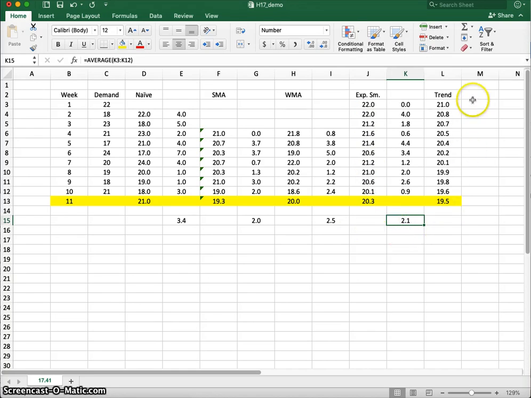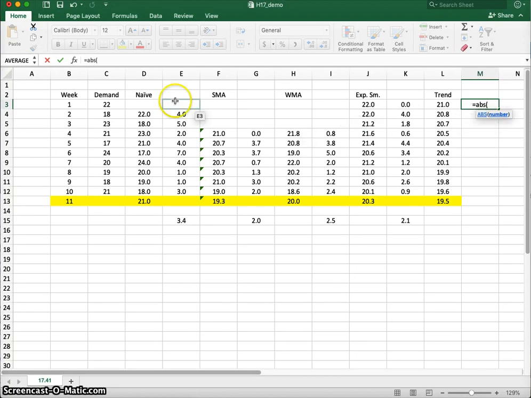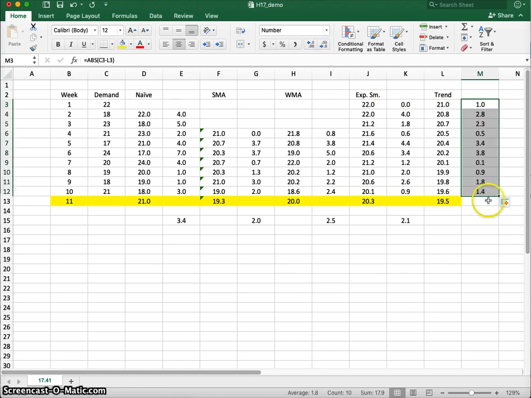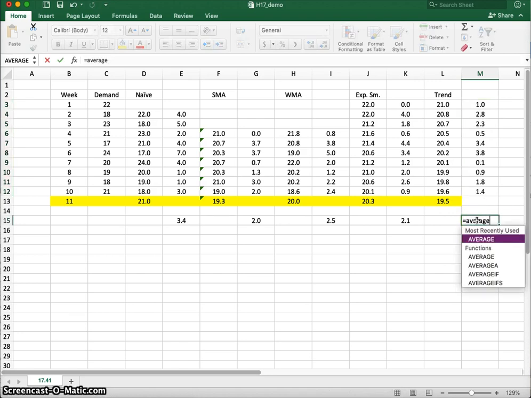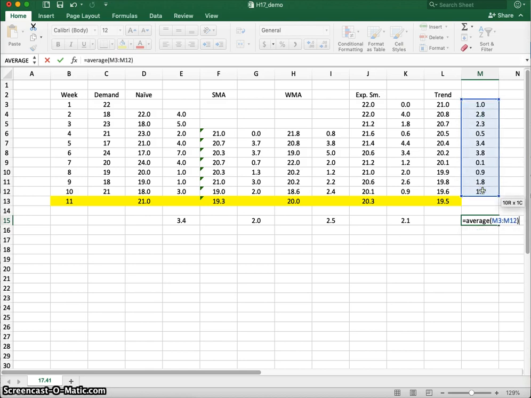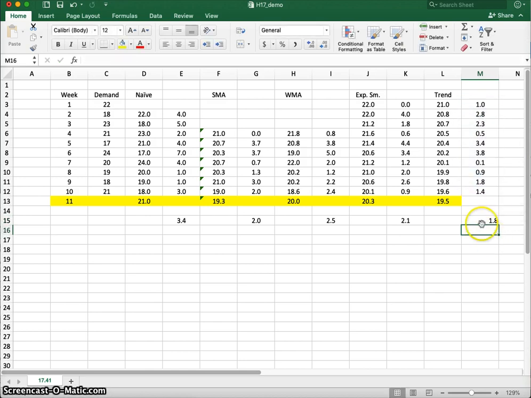And finally, we'll do the one with trend here. Same thing, equals the absolute value of this minus this. 1.8.